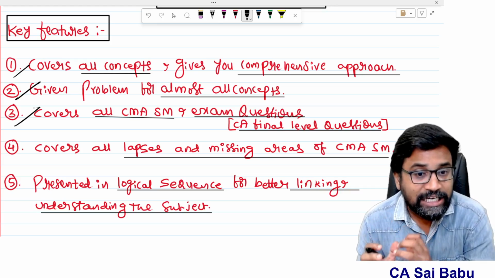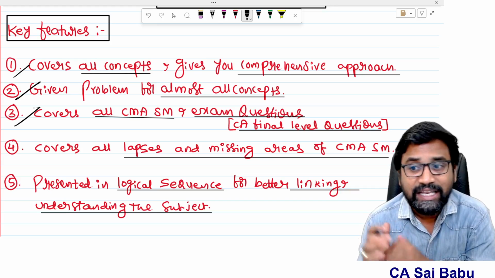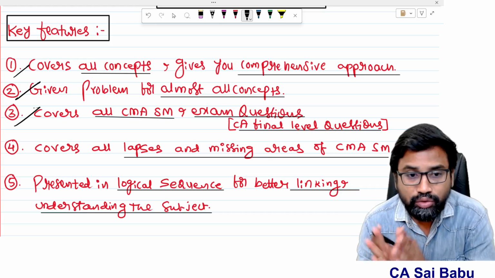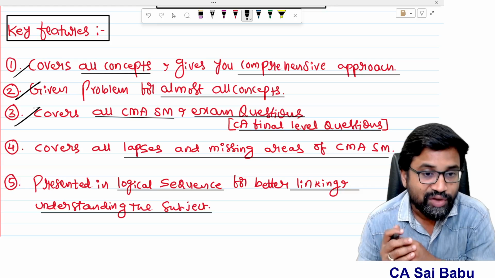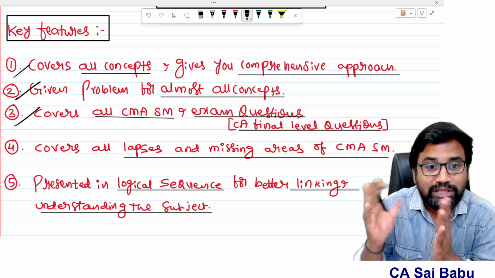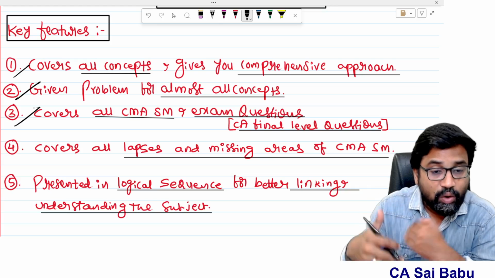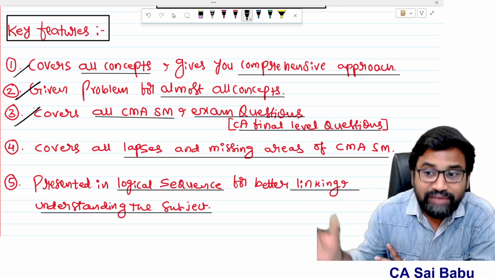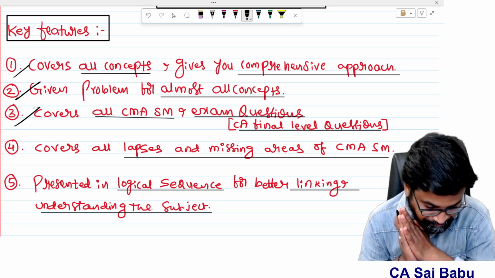Of course, selectively we have adopted some questions from CA final level questions. As you all know, in the CMA material we have only a small number of questions, which may not be sufficient. Those questions may not cover all the concepts, so questions relating to each and every concept may not be there. That's why we have adopted from the CA final level FR, financial reporting paper.